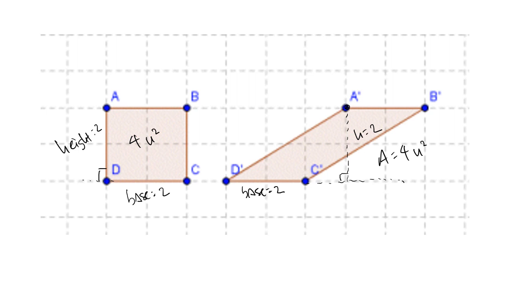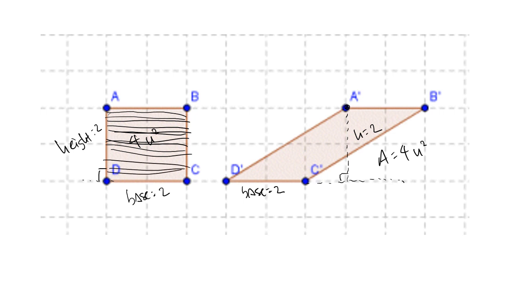We can also see this from this principle of shearing. And so the idea behind shearing is that you think of this square as being made up of essentially little slices. So think about cutting this square up into a bunch of pieces horizontally like this.